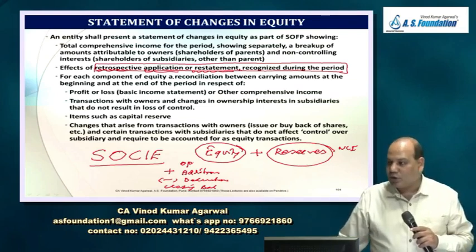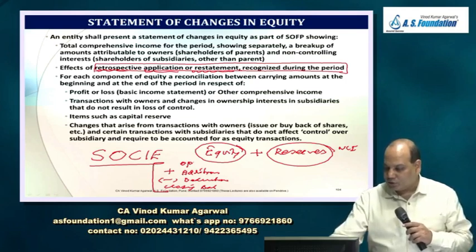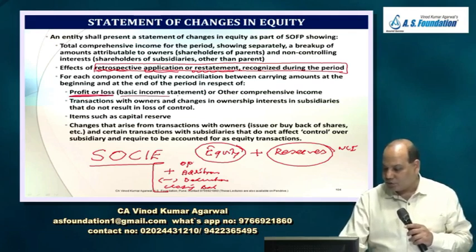For each component of equity, a reconciliation from opening to closing, whatever movements have taken place, reconciliation between carrying amount at the beginning and at the end of the period in respect of profit or loss, that is basic income statement, or OCI.